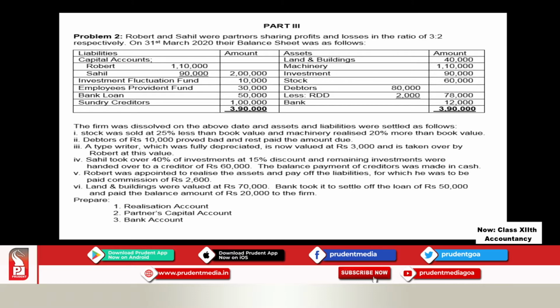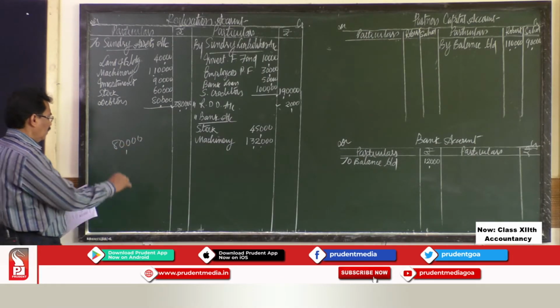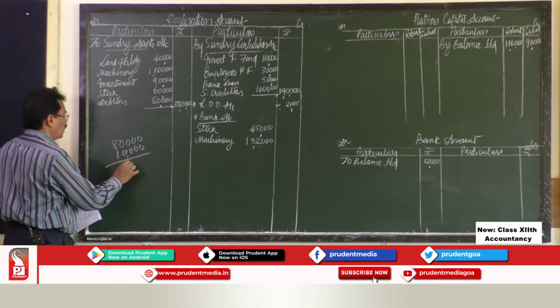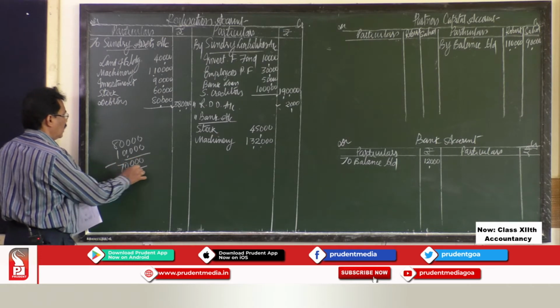Then debtors of rupees 10,000 proved bad and the rest paid the amount. Your debtors were 80,000. He says debtors of rupees 10,000 proved bad, means we could not recover 10,000 of the debtors. So your total debtors were 80,000 and we could not get 10,000, means we received only 70,000.